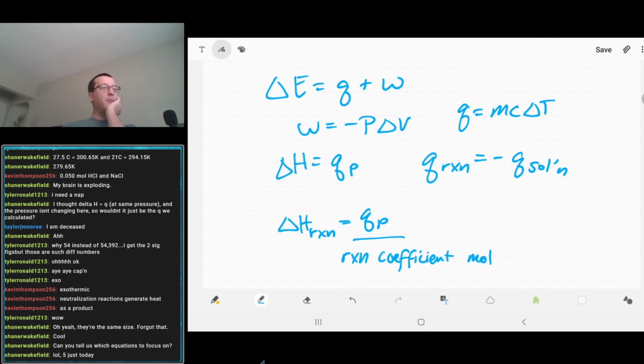Just 5, I know. So, well, technically 6. So just making the distinction that delta H for a reaction, you have to relate it to the reaction coefficients. So just the delta H, the change in thermal energy for that quantity is QP, but for a reaction, you do it for whatever the coefficient is for the moles.